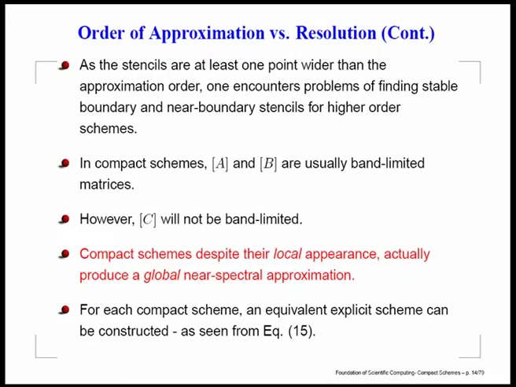There the accuracy is that much, whereas this provides you with a much greater accuracy and much more flexibility in solving problems. Okay. So what we are essentially saying in the last bullet is that if we are looking at any generic compact scheme, we can construct an equivalent explicit scheme, right? That is the connection between an implicit and an explicit scheme.